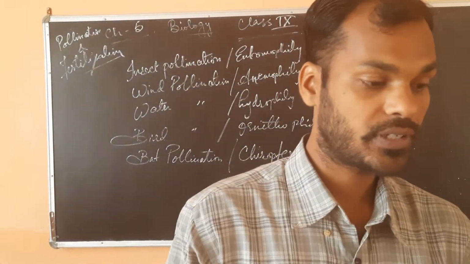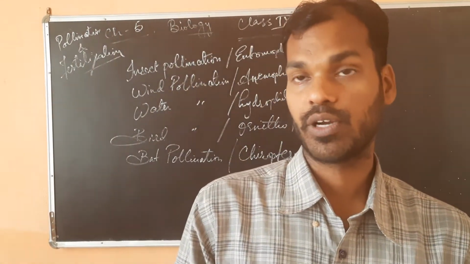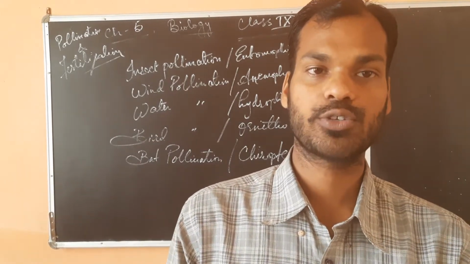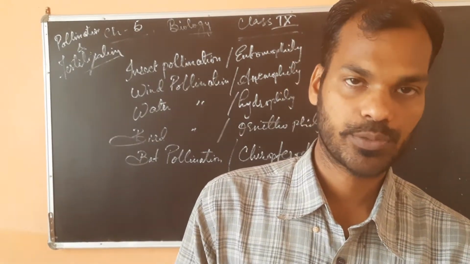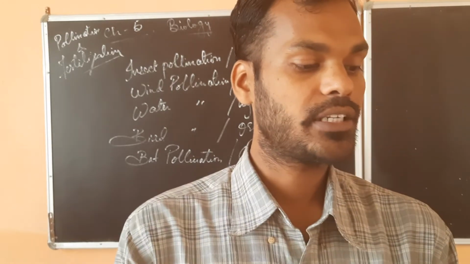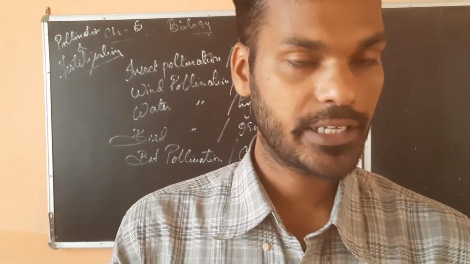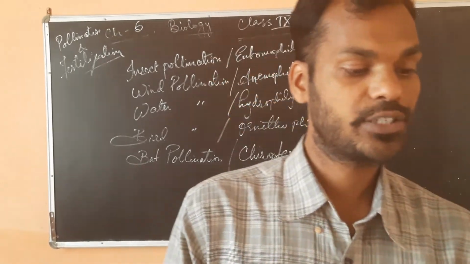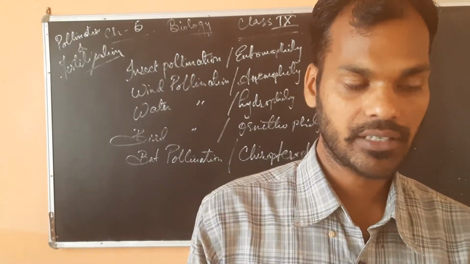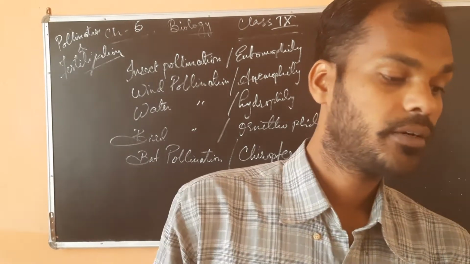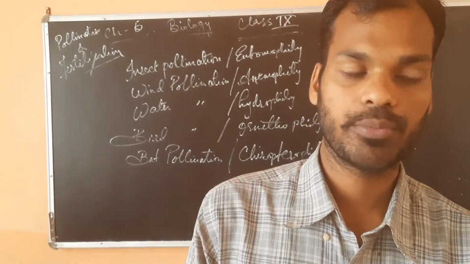One more advantage is that new varieties can be produced through this process. The disadvantage is that it is an uneconomical process, as the quantity of pollen grains produced may be wasted in transit.